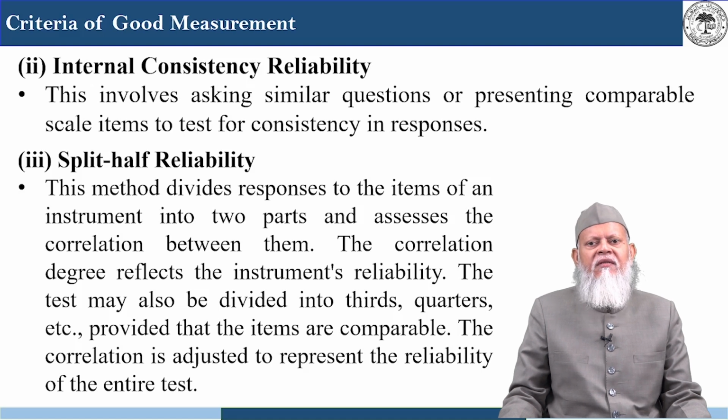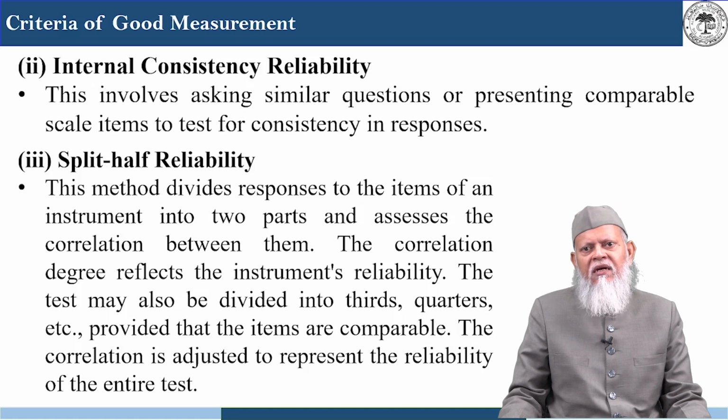If there is positive correlation between the two, then it means that the measure or the scale fulfills the split half reliability. If the person is saying that, okay, we have friendship and we have cooperation in the studies.